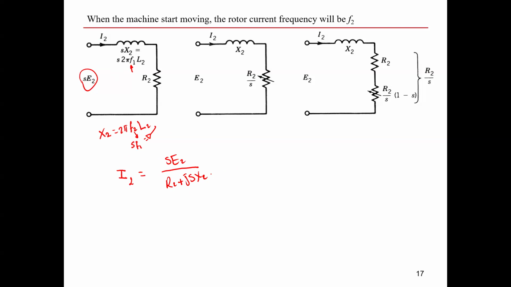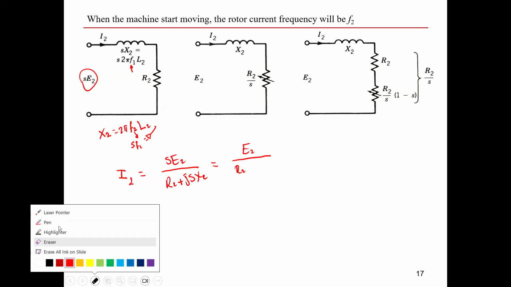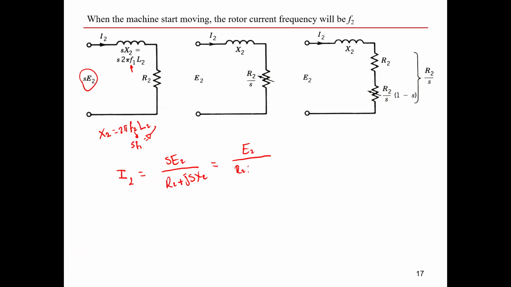If you divide numerator and denominator by the value of S, this would be E2 divided by R2 divided by S plus jX2.